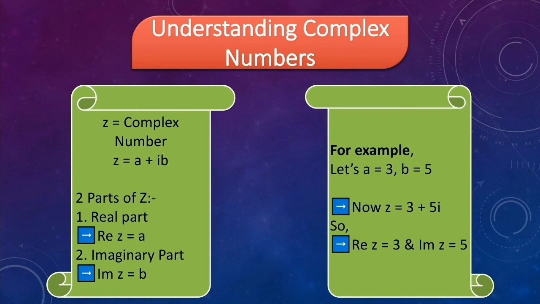Let A be equal to 3 and B be equal to 5. Since Z is equal to A plus iota B, here Z will be 3 plus 5 iota. So the real part of this complex number is 3. On the other hand, the imaginary part of this number is 5. Did you catch why? Well done if you did.